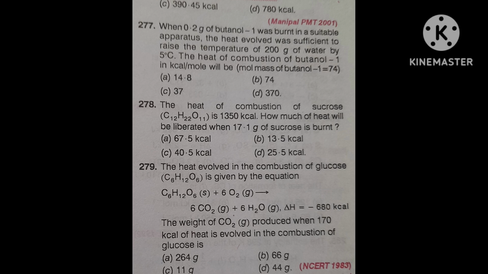Then in a balanced equation, on the product side it is 6 CO2, meaning 1 mole of glucose is giving 6 CO2, and at that time 680 kilocalorie of heat is evolved. 1 CO2 means 44 gram, then 6 CO2 means how many gram? 6 into 44, that is 264 gram.